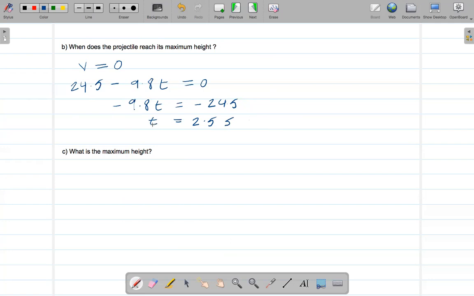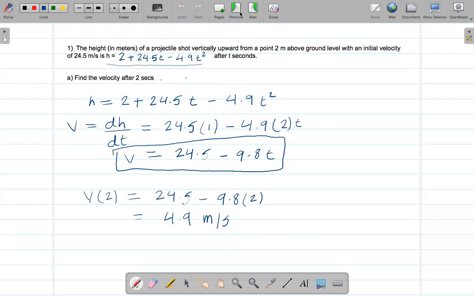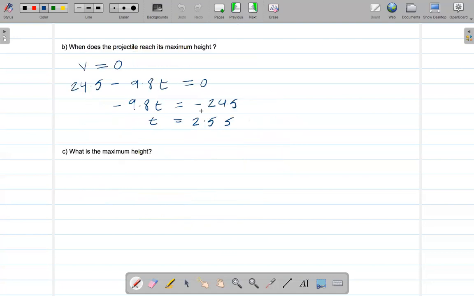Okay, so now after this, what is the maximum height? Since we found the time it takes to reach the maximum height, now what exactly is the maximum height? To find that, we can simply take the position equation and plug in the value of t that we got here.